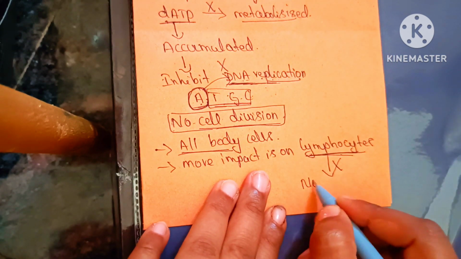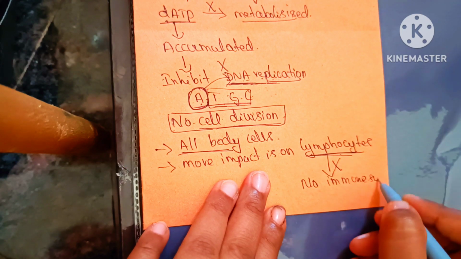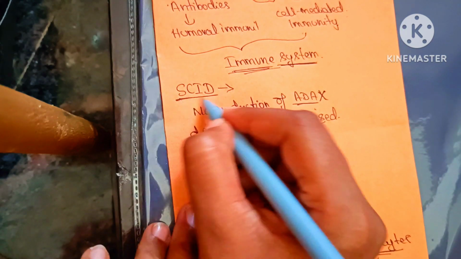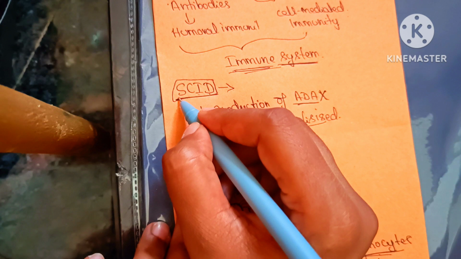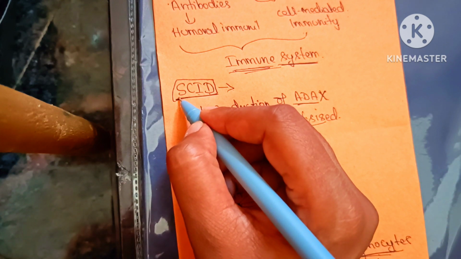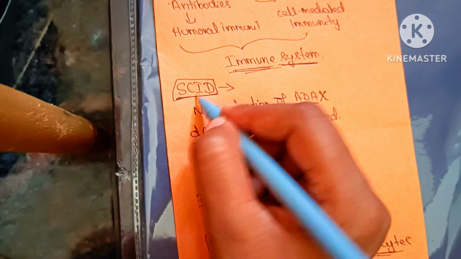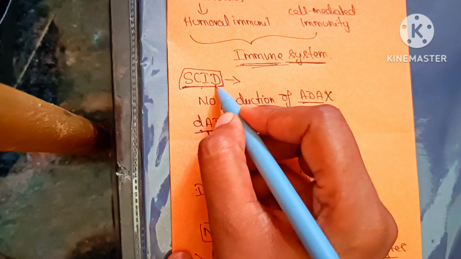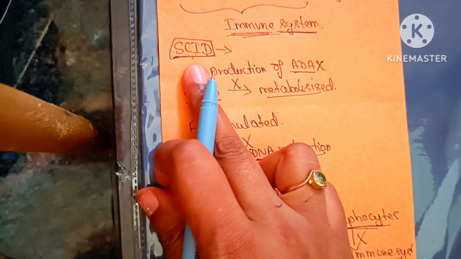There is no strong immune system. So the condition is called severe combined immunodeficiency syndrome. The condition is very severe. It may lead to death also. Since the immune system is not functioning, we call the syndrome severe combined immunodeficiency syndrome. So that is the case of SCID.